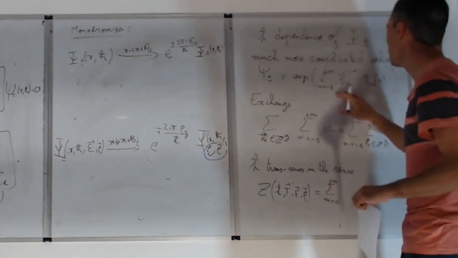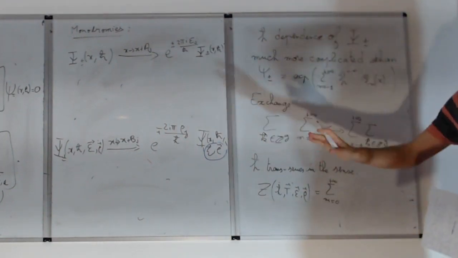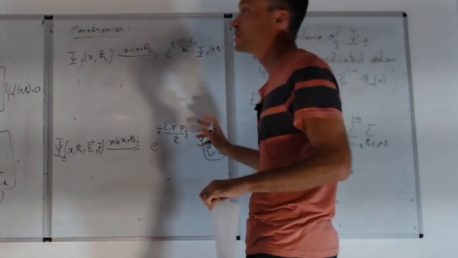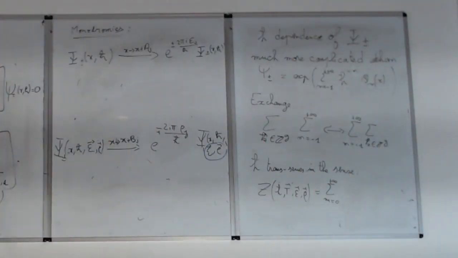So at some point you want this sum to be on the left, and so you have to switch it with this one in the exponential.